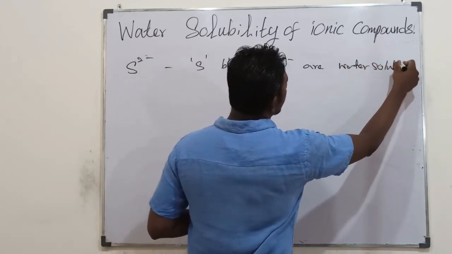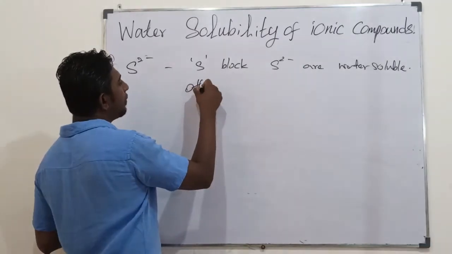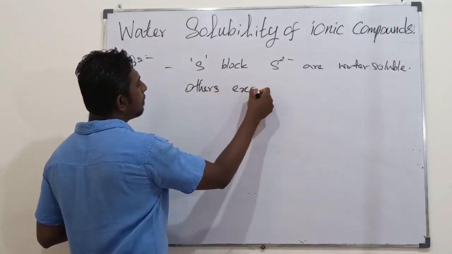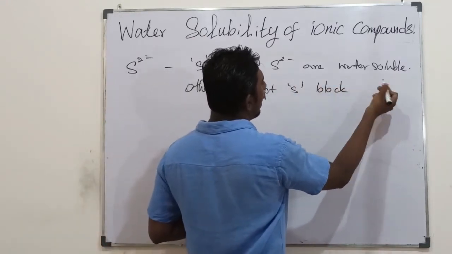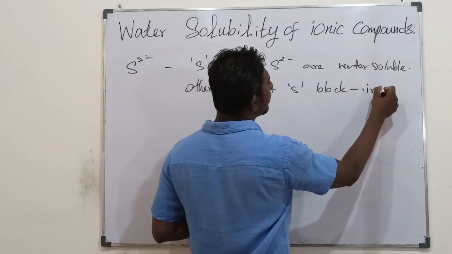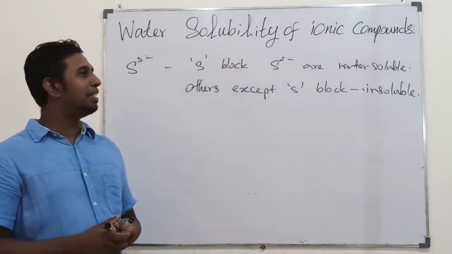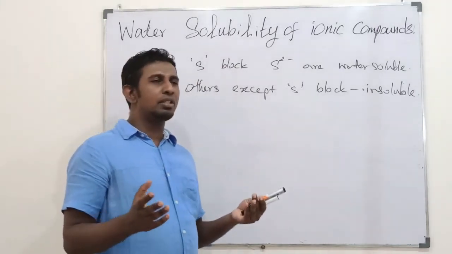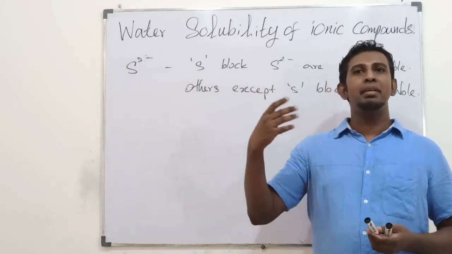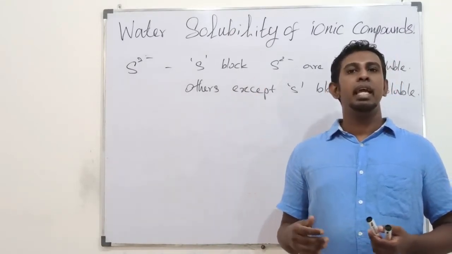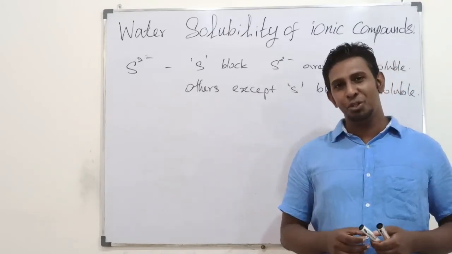Except for the S block, the others are insoluble. See how easy? Generally, S block sulfides, including ammonium, are water soluble. All the other metals except the S block have sulfides which are water insoluble. S block sulfides are water soluble.